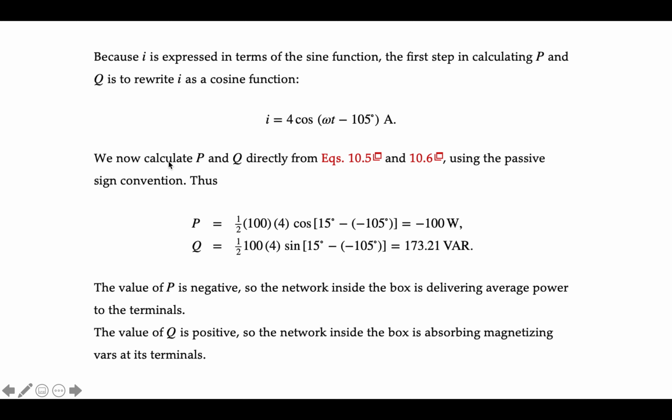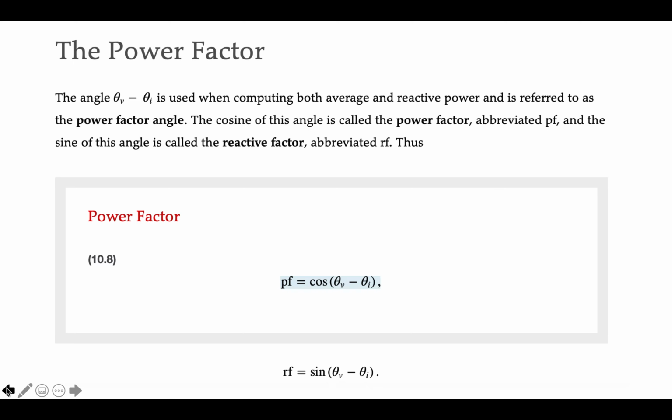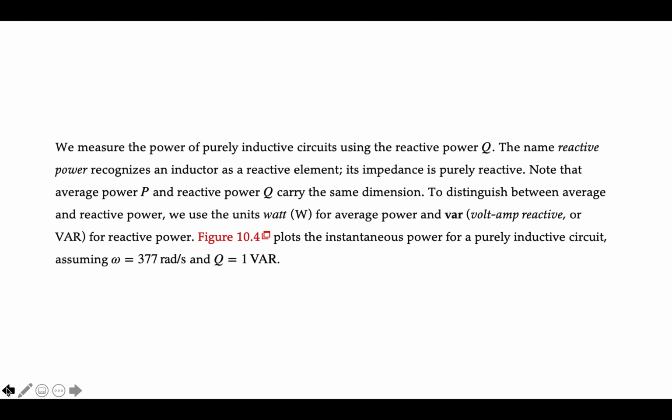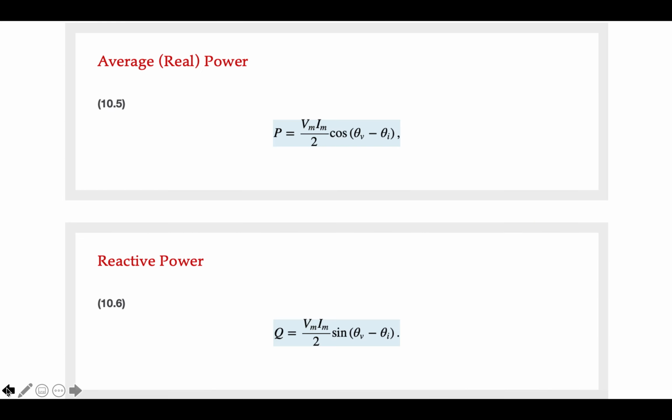And so we can just calculate the average power and the reactive power directly from the two equations, and let's go back and look at what those are. Right here. So the average power is the voltage magnitude times the current magnitude divided by 2 multiplied by the power factor.